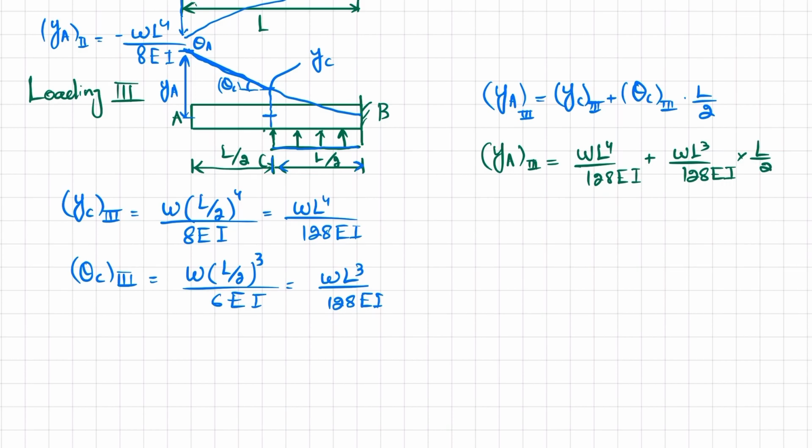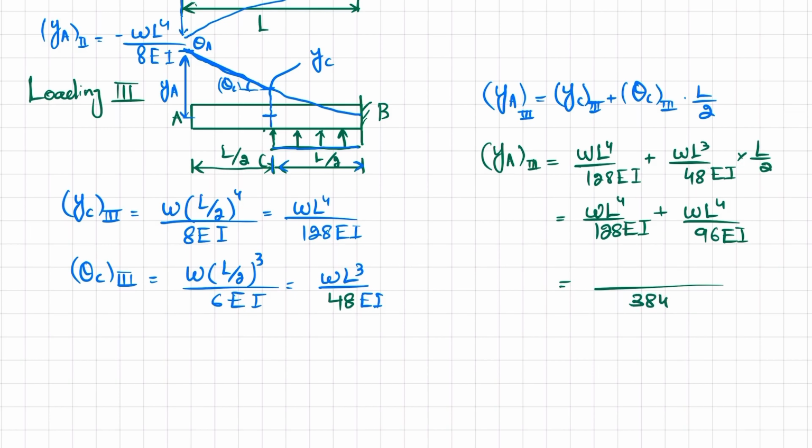Clear? And this is 128, this theta C is 48, not 128, because 8 sixes are 48. So again this will also be 48. So again, if you simplify it, it will be WL^4 over 128 EI plus WL^4 over 96 EI. And again, if you take the LCM, it will be equal to 384.